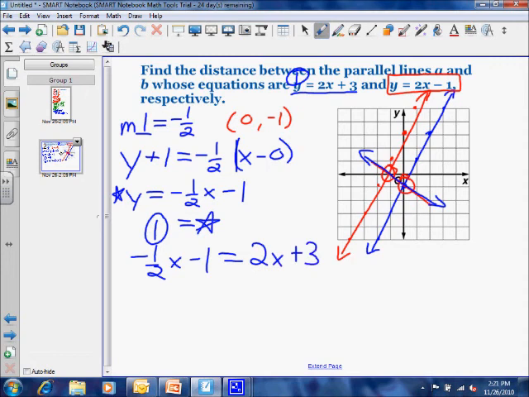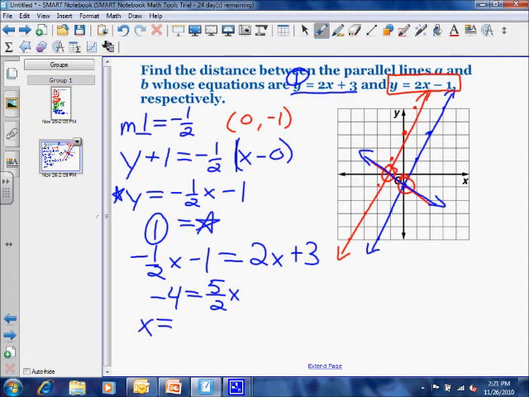Alright, combining like terms and solving here, I'm going to add 1/2 x to the right, and I'm going to subtract 3 to the left. So I'm going to have -4 is equal to 5/2 x, right? Because 2.5 converted into an improper fraction is 5/2. Solving for x, then, I need to multiply by the reciprocal.